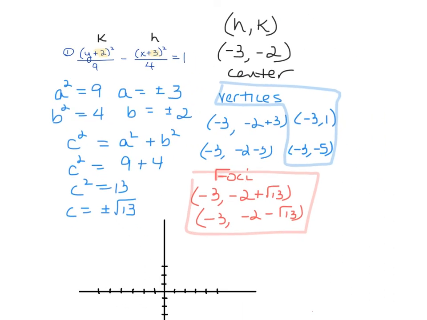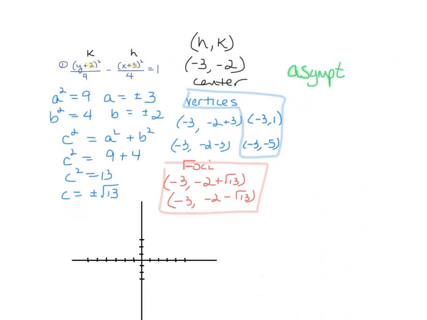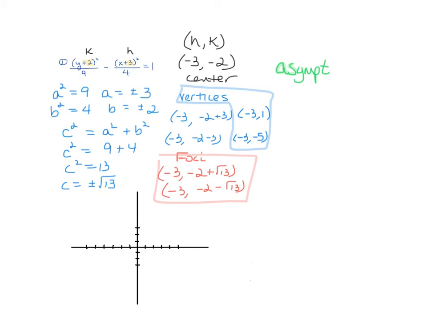So for the asymptotes, I'm going to use point slope this time. So again, we're using the center point. So we're going to do Y plus 2. The Y squared is first, so I'm going to do A over B. So I'm doing 3 over 2.